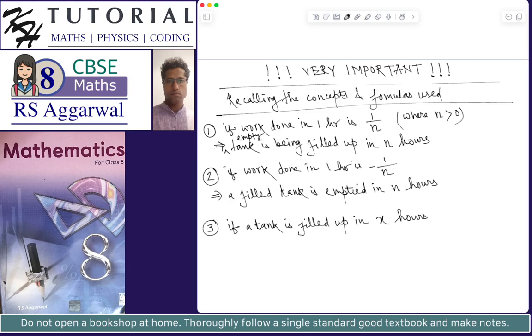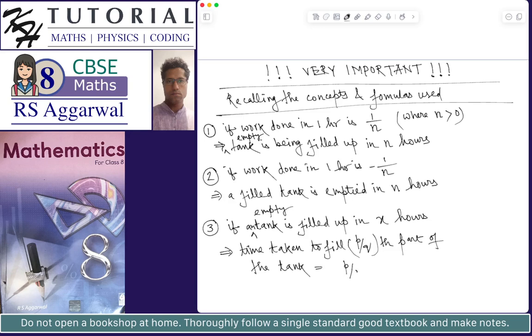If an empty tank is completely filled up by water in x hours, this implies that the time taken to fill p by qth part of the tank will be equal to p by q multiplied by x hours.